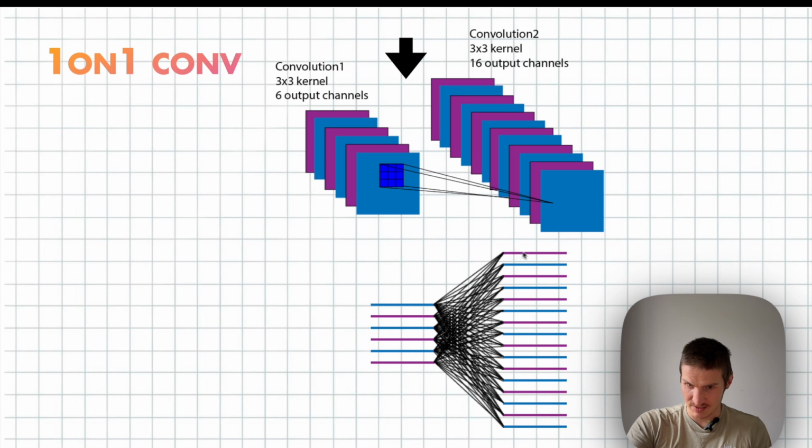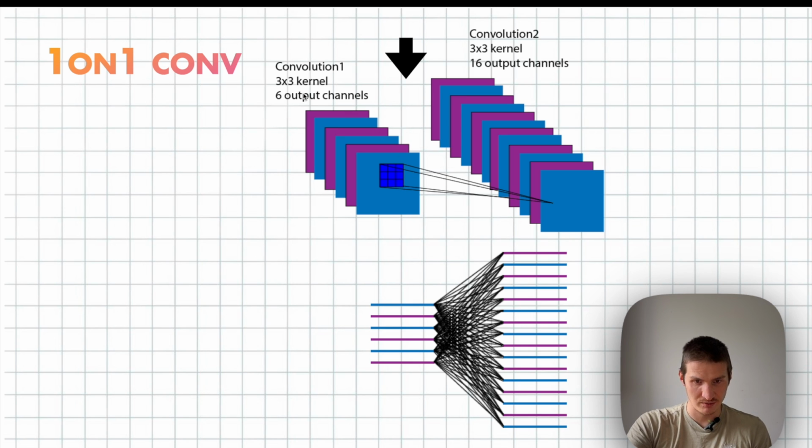Each of these 16 output channels is connected to each of these 6 input channels, on top of this 3 by 3 matrix here, right? So every pixel here has lots of extra connections, and each black line here corresponds to an actual parameter in the convolution that we are going to optimize for.